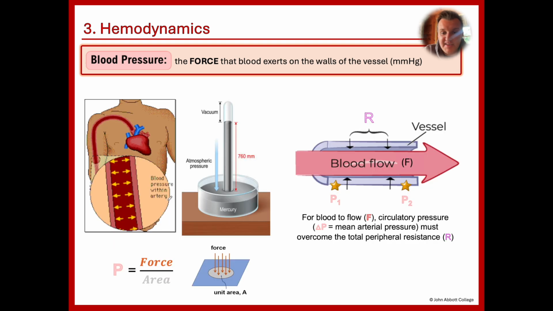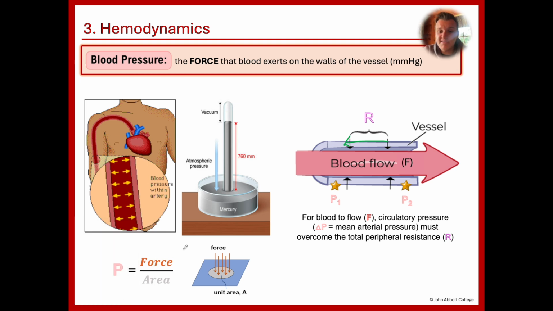So over here, same situation that you see for blood flow: the circulatory pressure, the pressure in the tubes, must overcome the resistance. The resistance is going to be pushing in, let's say, this direction.